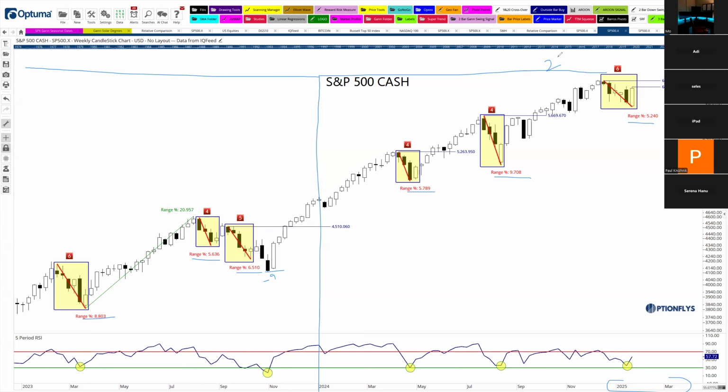We rallied 22% from January of 2024, but we had these dips. That's normal.